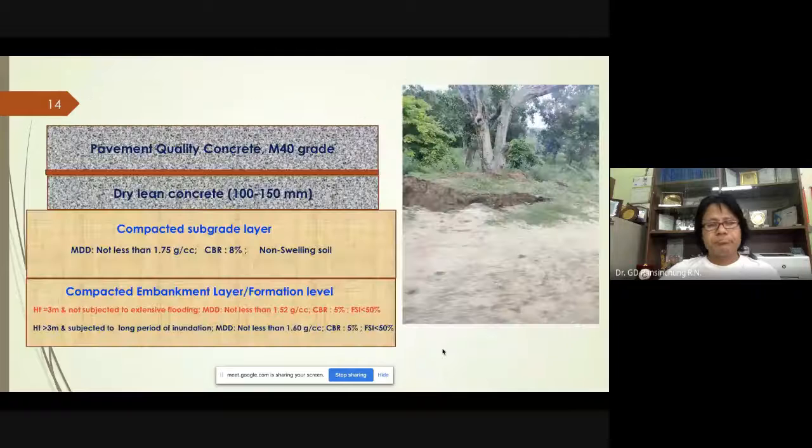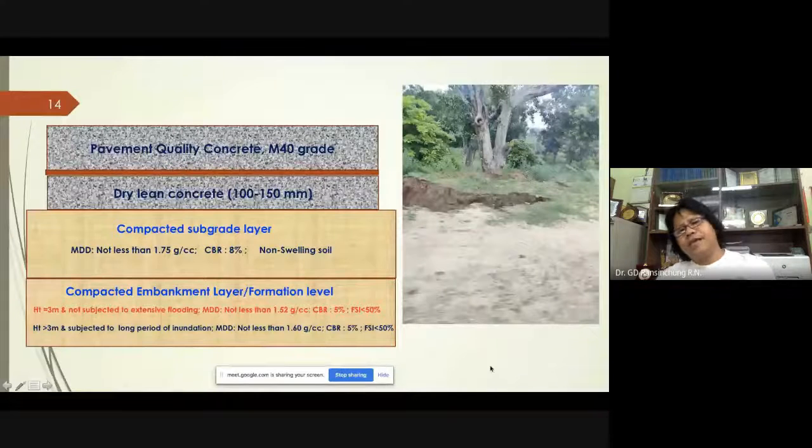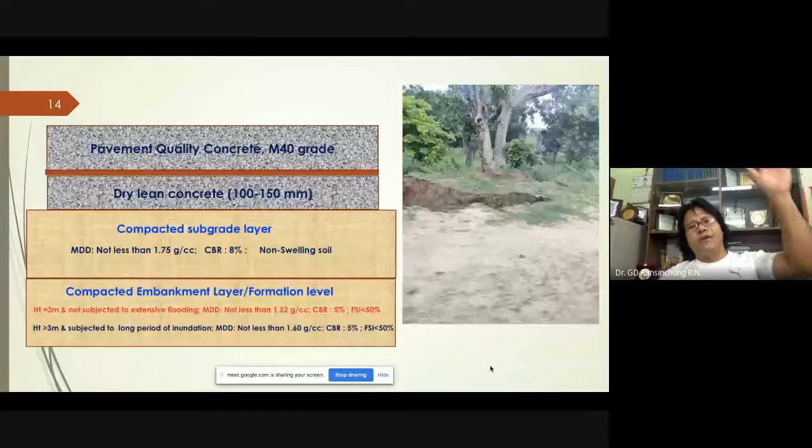Now, coming to the cross section of the rigid pavement, if you look at it at a glance, assume it this way. The road has to be constructed from the NGL or OGL, the natural ground level or original ground level. So we check the suitability of the materials, whether this soil bed would be able to sustain the oncoming load.